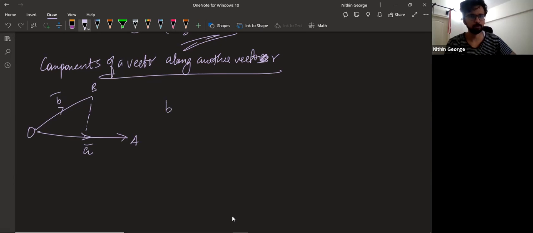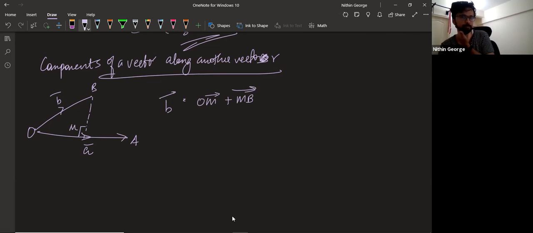So let this point be M. This is a perpendicular drawn down. So B vector can be written as OM vector plus MB vector. Right triangle, directly you can write. What is OM vector? It's OB cos theta, right?